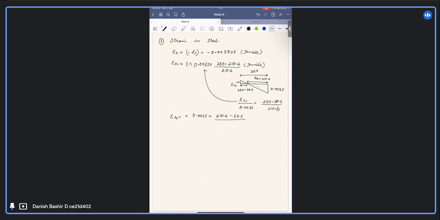If you draw the similar triangle for this as well, you will get 0.00249. Now this 0.00249 is compressive and it is also greater than 0.002. I will tell you where we will require it later, 0.002.